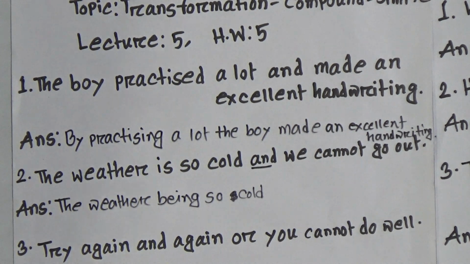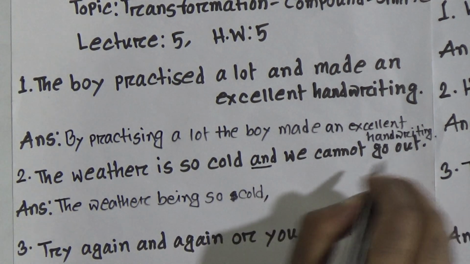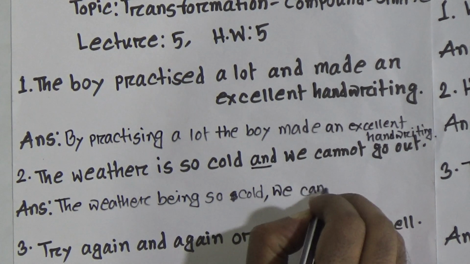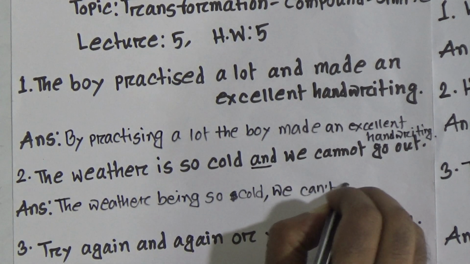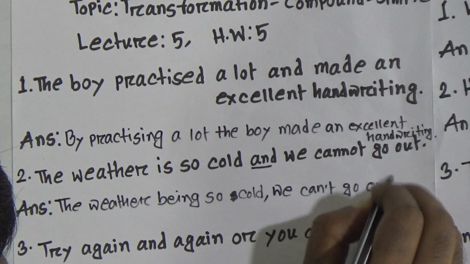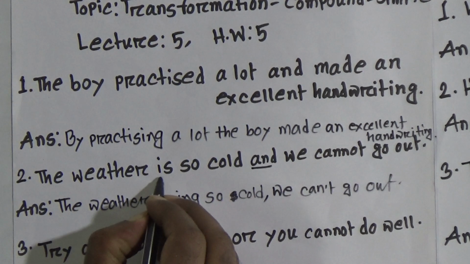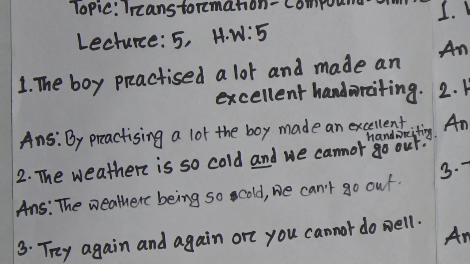The weather being so cold, comma, we cannot go out. I am telling again the answer of the simple sentence: the weather being so cold, we cannot go out. Here in the place of the be verb is, we have written being.